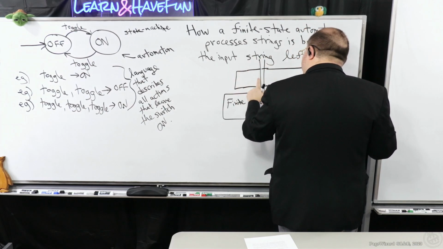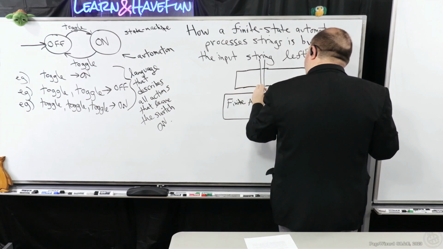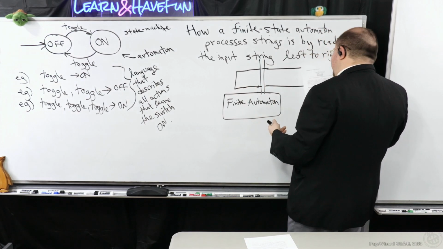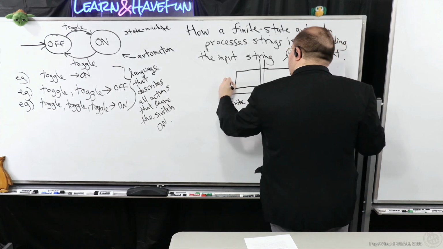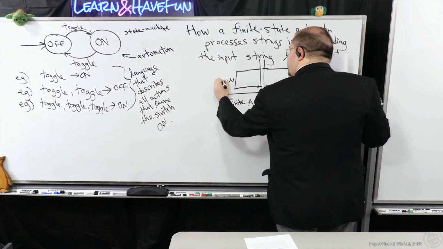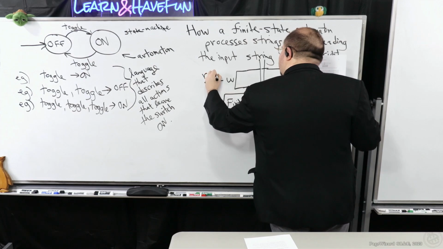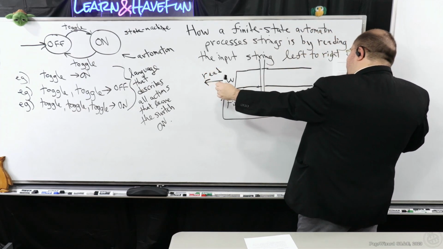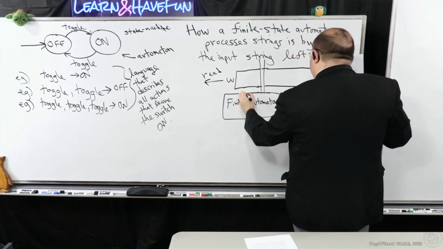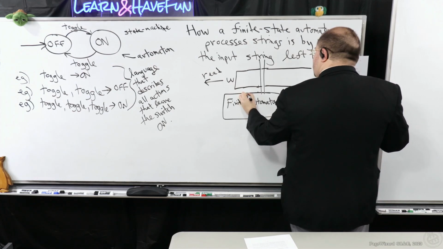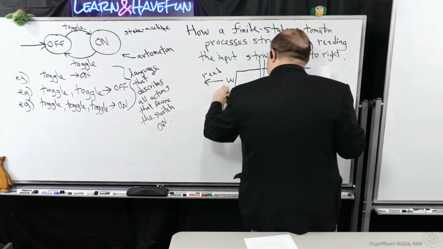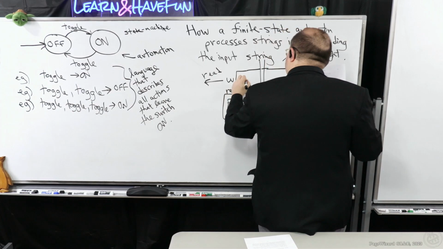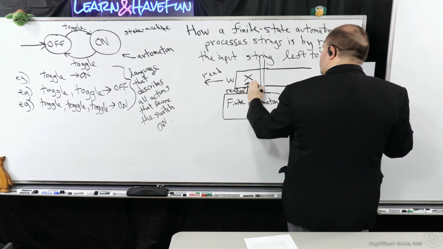Now, I must stress that this is just a picture. It doesn't have to look like this. So imagine I give you a string W as input, and it's going to be read from left to right. So it's going to be pulled through here. And you imagine it's on this tape. And the finite automaton has a reader. It starts on the first symbol in the string.